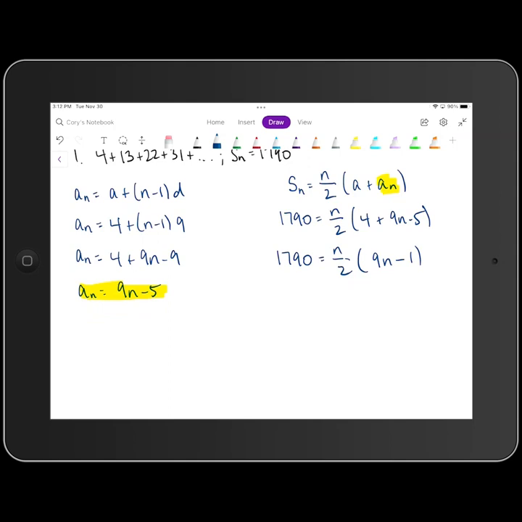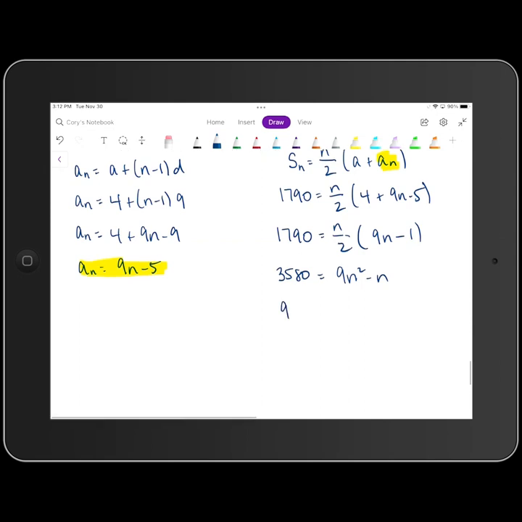So on the left-hand side, 1790 times 2 is 3580, is equal to, when I multiply the right-hand side by 2 and then distribute, 9n squared minus n. And whenever I subtract 3580 on the right-hand side, that winds up being a quadratic equation. Now, this is a pretty horrendous quadratic equation.